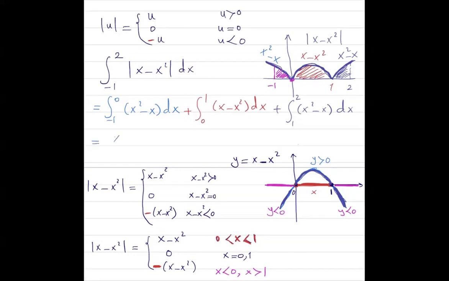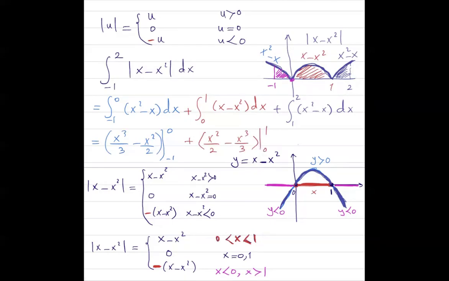This is x cubed divided by 3 minus x squared over 2, as x is ranging between -1 to 0, plus x squared over 2 minus x cubed divided by 3, as x is ranging between 0 and 1.